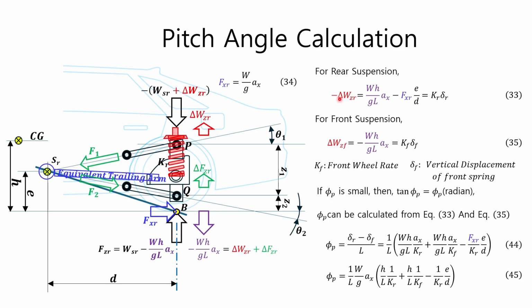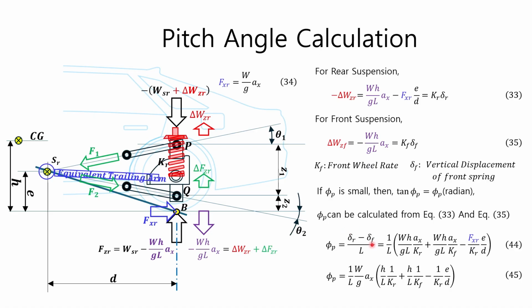After rearranging equation 33 for the rear spring displacement, delta R, and rearranging equation 35 for the front spring displacement, delta F, and substituting these two displacement values into the second equation of equation 44, the pitch angle phi-p, when braking force is applied, can be obtained as shown in the third equation of equation 44. Here, the spring displacement has a positive value at the bump and a negative value at the rebound.